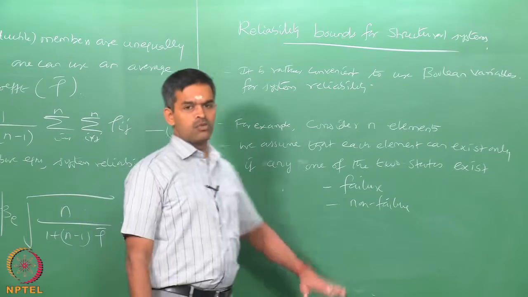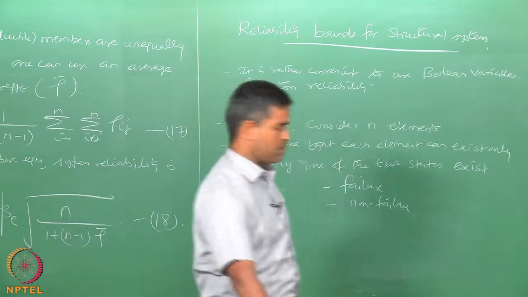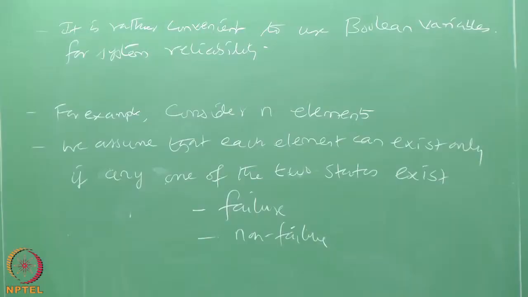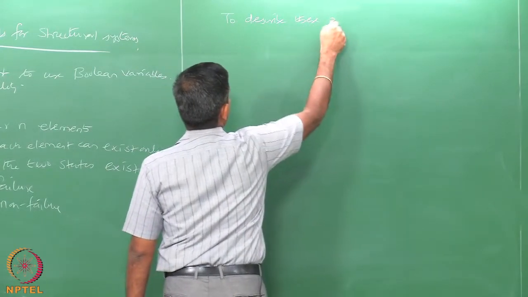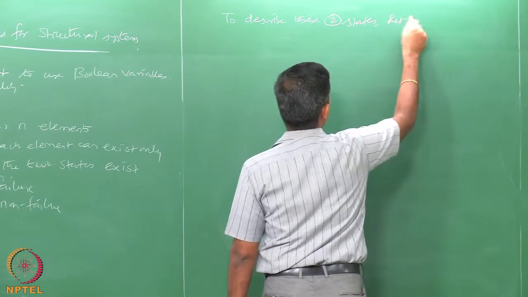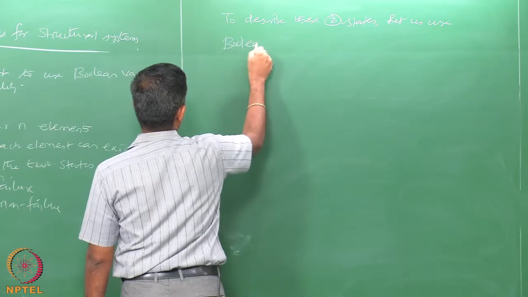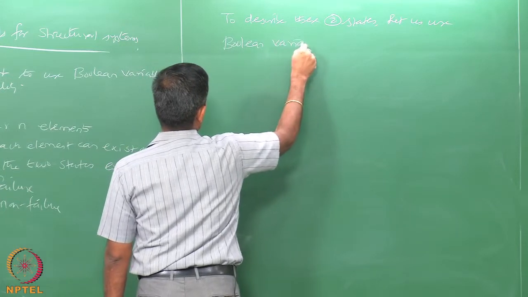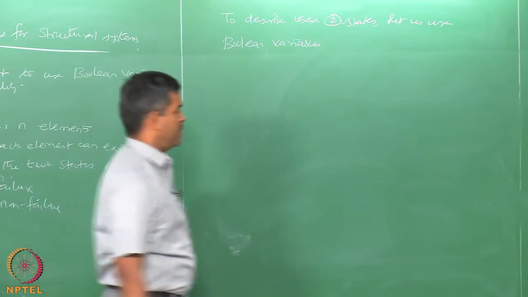Now, to describe these two states in Boolean variables, let us use Boolean variables Si and Fi.